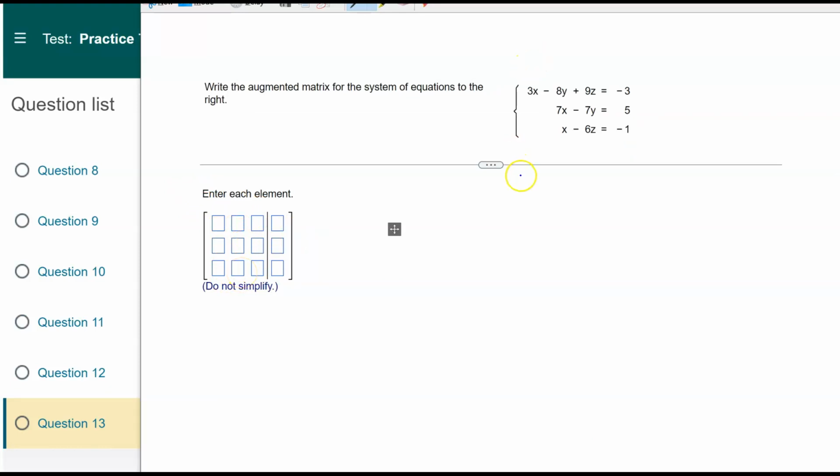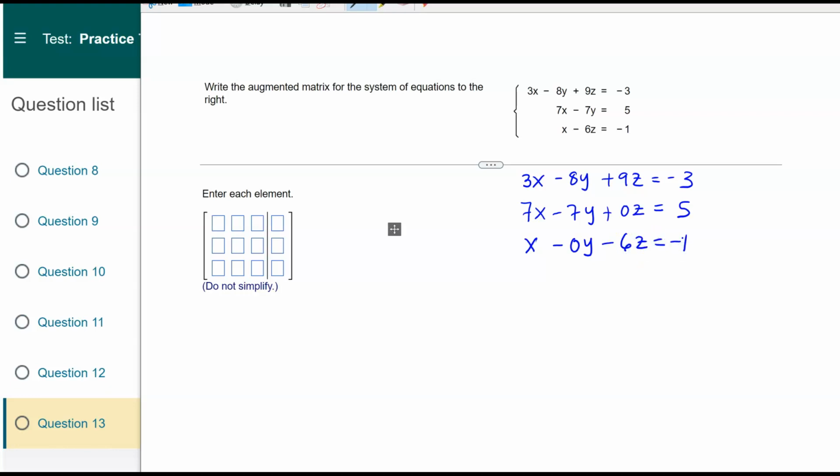So you have 3x minus 8y plus 9z equal to -3, and then you have 7x minus 7y. Since we don't have a z, it's safe to write that as 0z equal to 5. And then you have x. You don't have a y, so make sure to write 0y for the coefficient of y. Then minus 6z equal to -1.